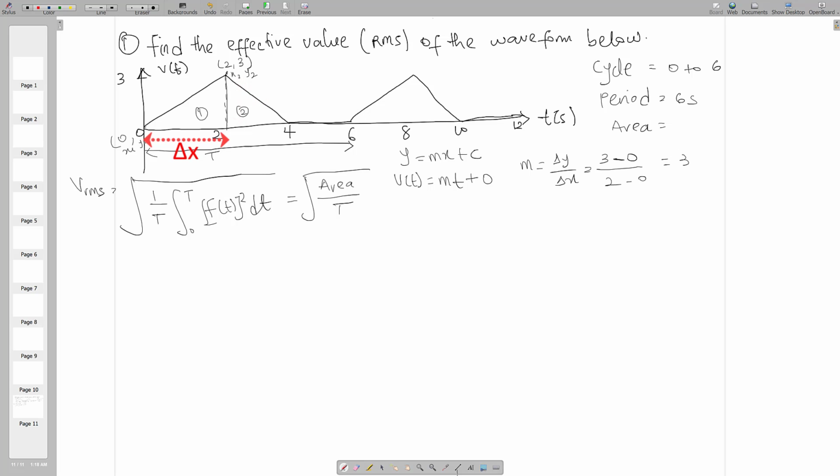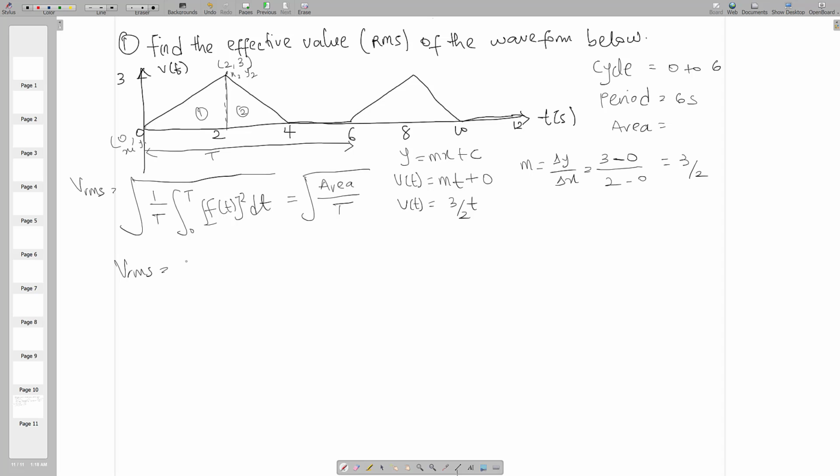So your gradient here will be 3 on 2. So then our function v(t) will be equal to 3/2 times t. So this is the function of triangle 1, or the sawtooth, the first one. If you find the area of this one, you multiply it by 2, because we have 2 sawtooth, we have 1 here and 1 here. So if you multiply it by 2, then we can get the area under this bigger triangle from 0 to 4. So let's start. V RMS.